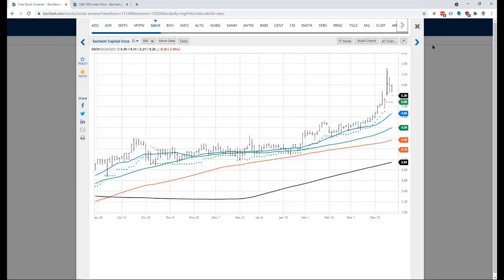Now, I might add that I'm kind of a little agnostic as to what sector any given stock is in, except for if I'm looking at my portfolio, I don't want to have 20 REITs, real estate investment trusts, in there. I don't want to have nothing but regional banks.